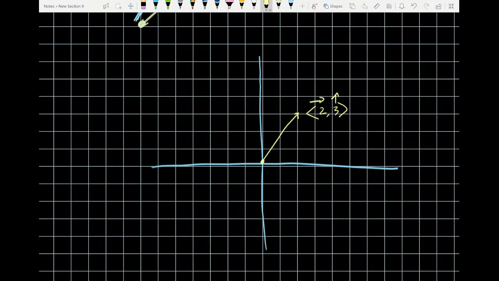Okay. Another way, so the basic term for vectors, we write it as a comma b, or you could write it as ai plus bj, where a represents the horizontal movement, b represents the vertical movement.